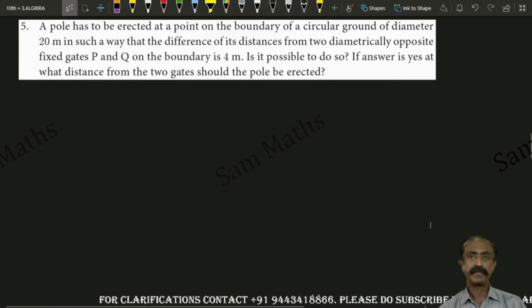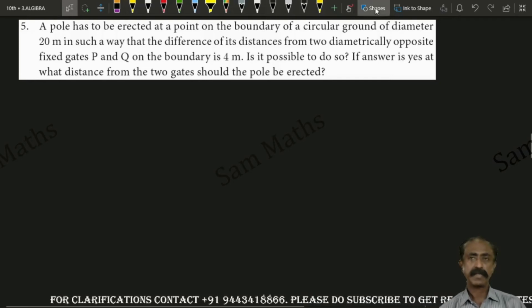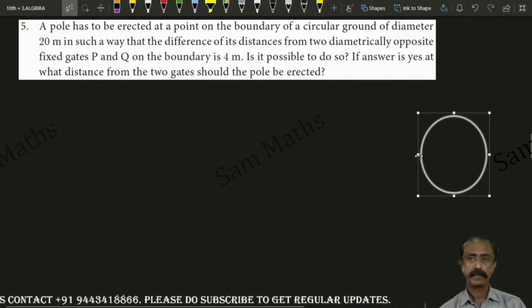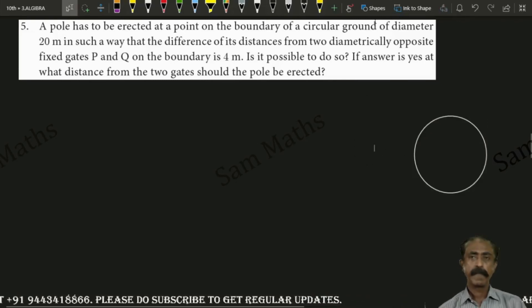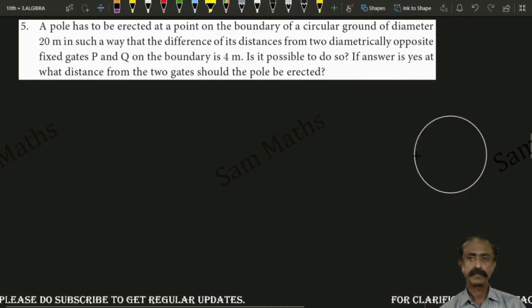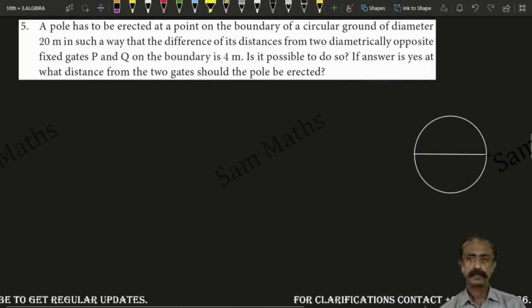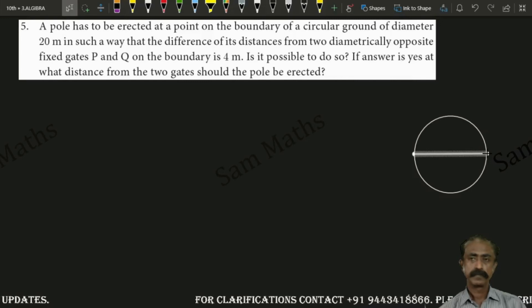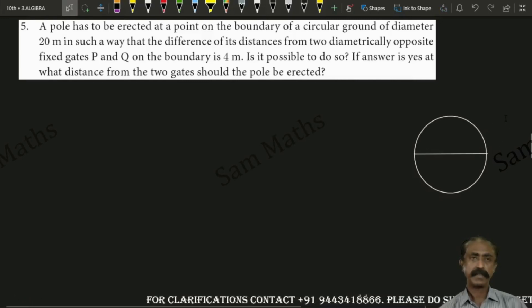For this, we have to consider a circular ground. This is the diameter.